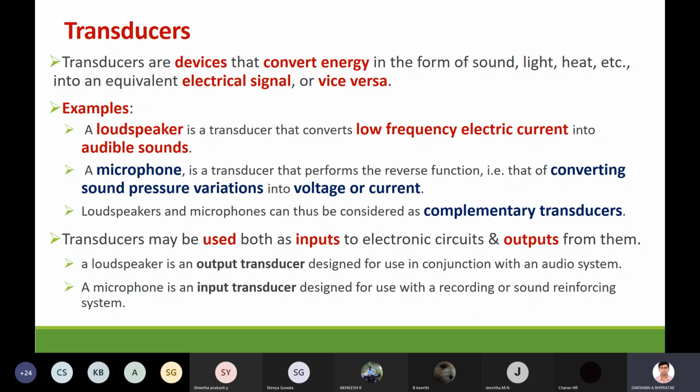But the loudspeaker is an output transducer because it converts electrical energy into sound energy, the audio system. That is what we call an output transducer for the loudspeaker and an input transducer for the microphone. This is about transducers.